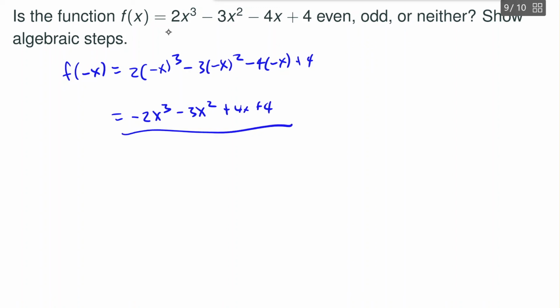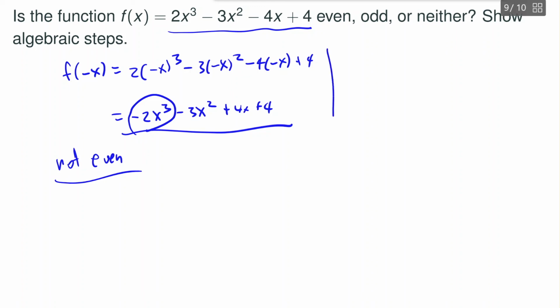This is different from the original function. At least we can tell by just looking at the first term. We have negative 2x cubed, but we do not have negative 2x cubed in the original function. So we know this is for sure not an even function.